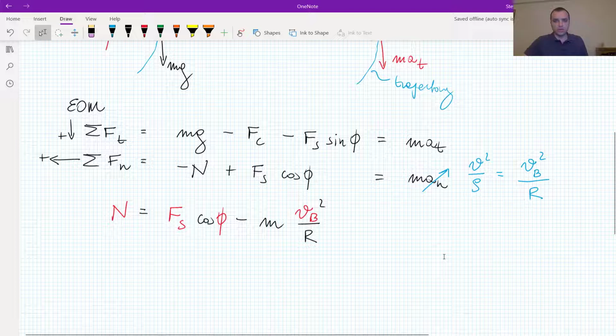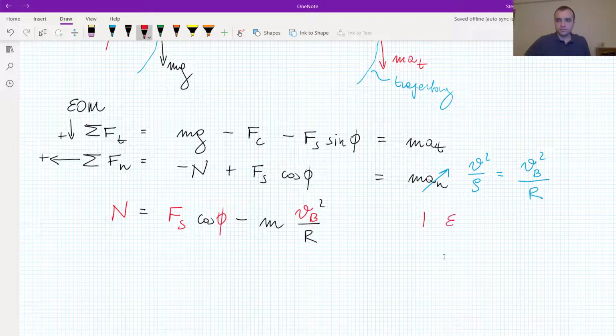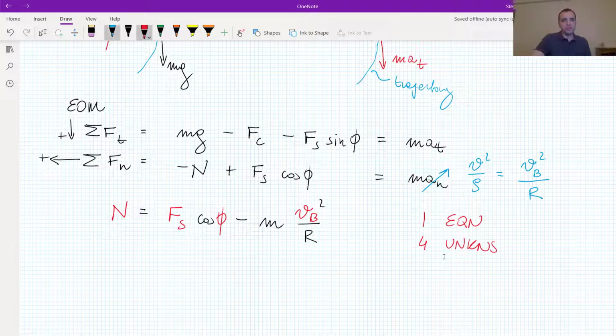So we have one equation and four unknowns. However, I believe that we are able to figure out the values of Fs and phi. Let me do it on the side.